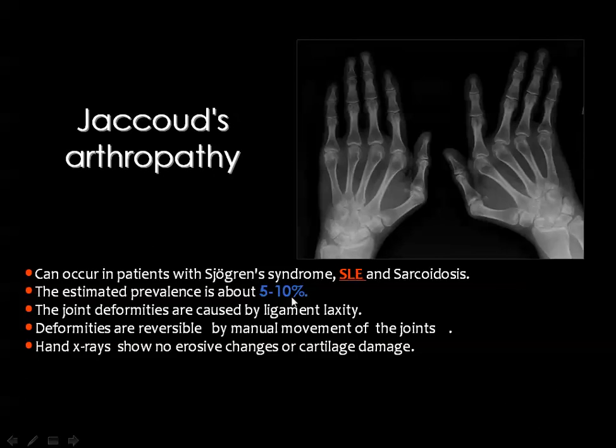This may be seen in patients with Sjogren disease and sarcoid together with systemic lupus erythematosus. The incidence is about 5 to 10%. Joint deformities are caused by ligament laxity, and the deformities, as in these diseases, are reversible by manual manipulation of the joints.